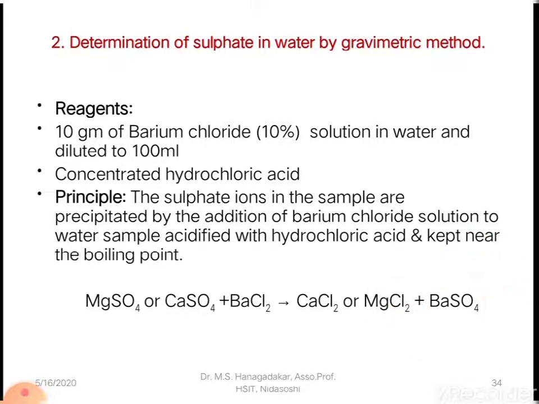This barium sulfate is a precipitate, which is stabilized near the boiling point of water. In this reaction, sulfate ions react with barium chloride salt, forming calcium chloride, magnesium chloride, and barium sulfate salt.